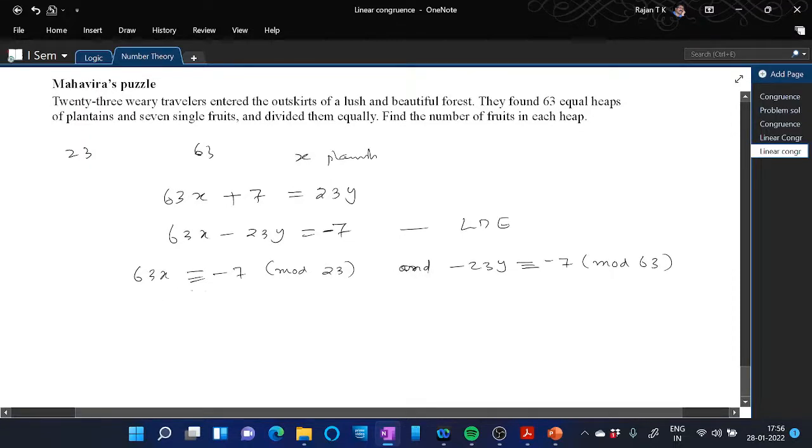Now 63x congruent to minus 7 mod 23. Since 63 is congruent to minus 6 mod 23, this gives minus 6x congruent to minus 7 mod 23.